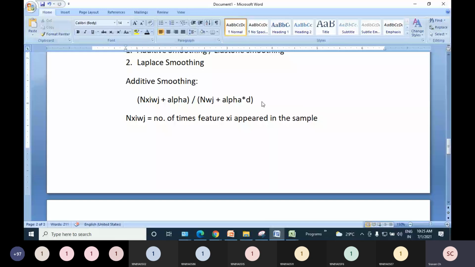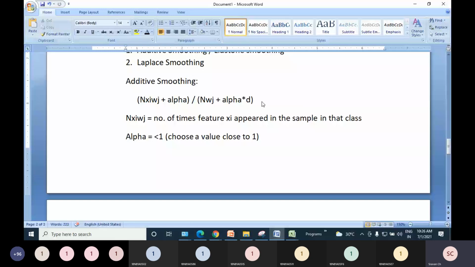In that class means in the spam class, for example, how many times sir appeared. Sir appeared only 0 times. So n(xi, wj) is the number of times it appeared in that particular class. Of course, in our previous example, it was 0. Alpha is a value less than 1, close to 1. Choose a value close to 1. This is the meaning of alpha.